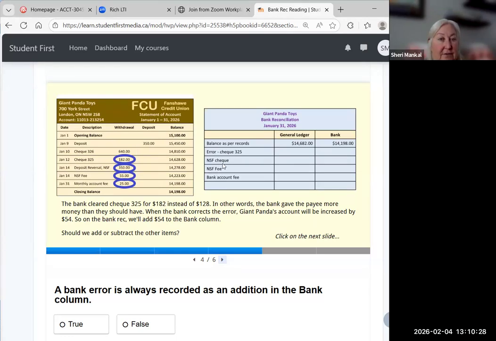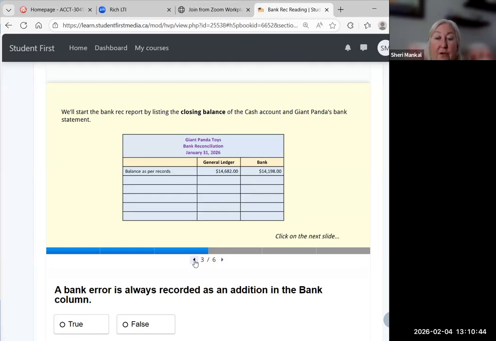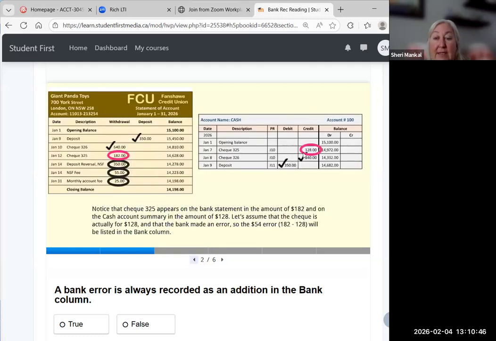There's the service fee for the NSF check. And then there's the service fee for the bank account. So looking at these are all withdrawals, but we have to be careful with this one. So remember, the check should have been for $128, but they took out $182. So I'm just going to grab my calculator to show you.